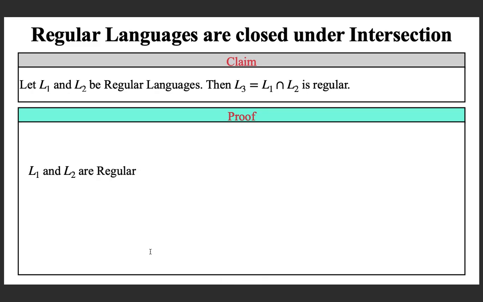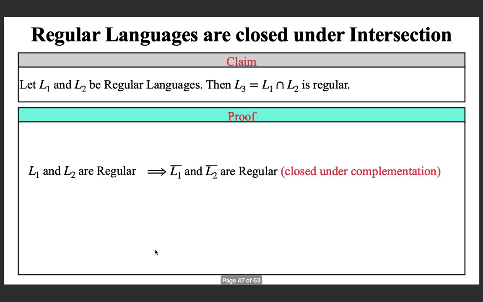Given that L1 and L2 are regular, then because regular languages are closed under complementation, we can say that L1 complement and L2 complement are regular.